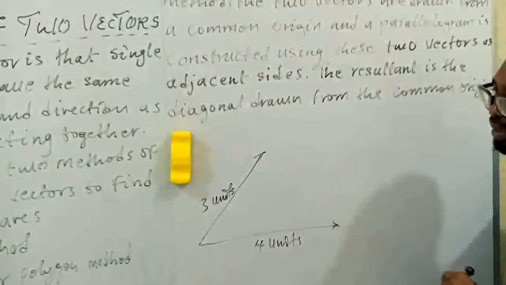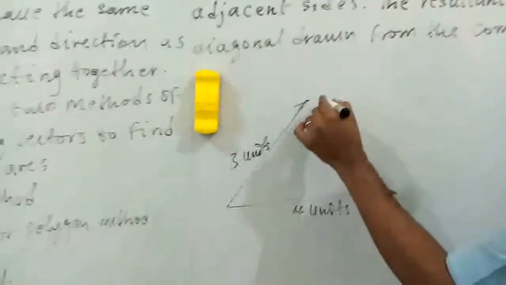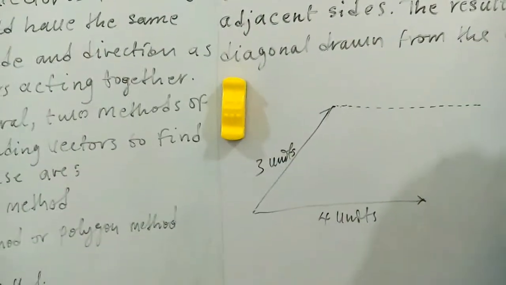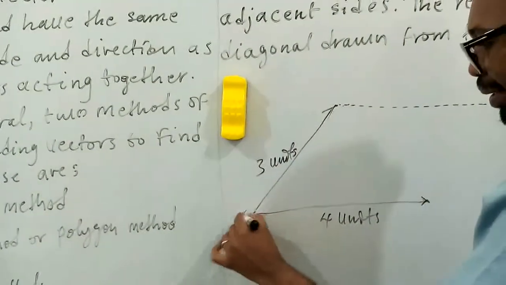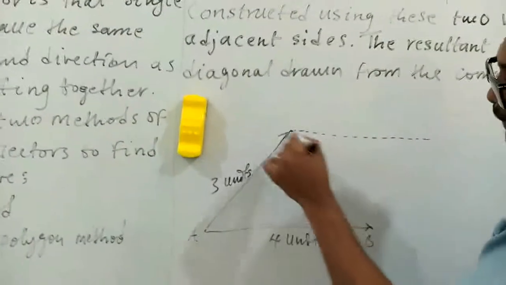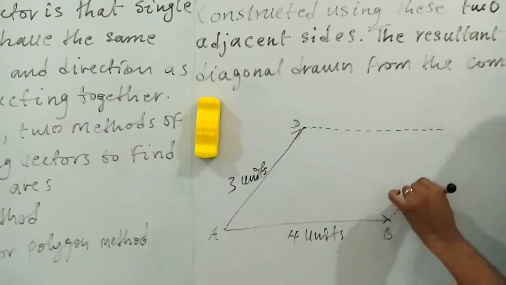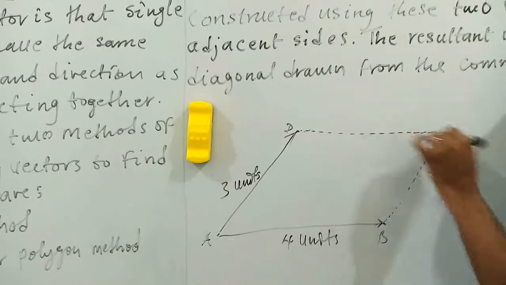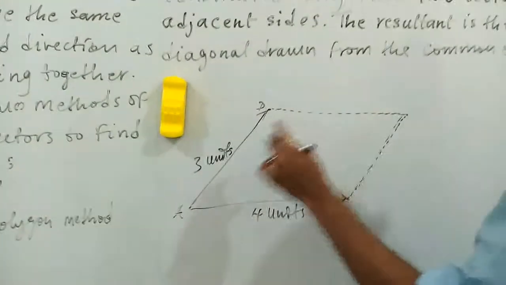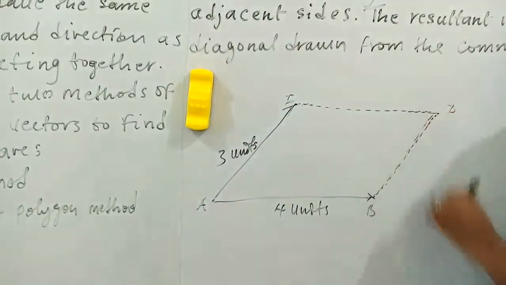Now if we have to resolve this vector, let's trace it this way. Maybe this is A, this is B, this is C, and this is D. Trace it this way.